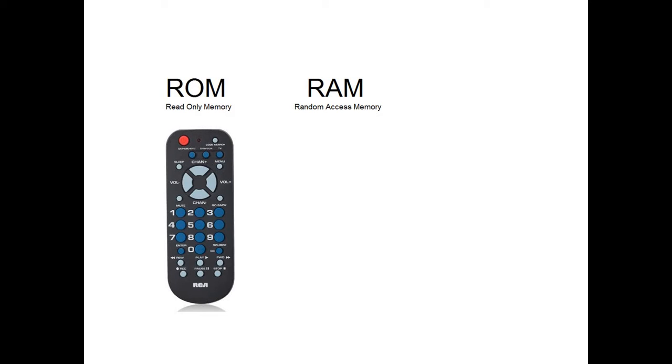ROM is generally used in small single-purpose devices, such as the remote control for your television, maybe the control panel for a microwave, but even more critical devices like ballistic missiles. The key is that they're single purpose.